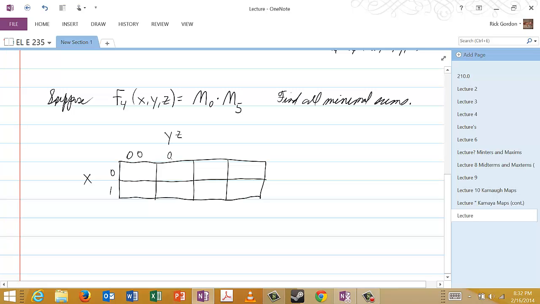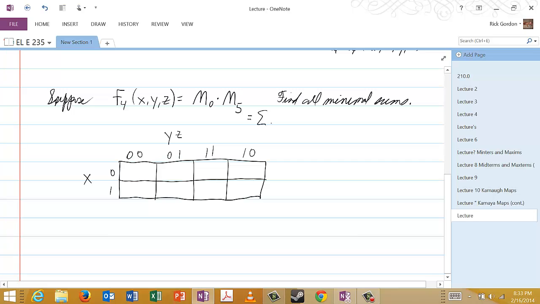And once again, remember this numbering, the appropriate way to number this Karnaugh map. Now, if you wish, you could go ahead, as we've already noted, and find the minterm expansion for this function.